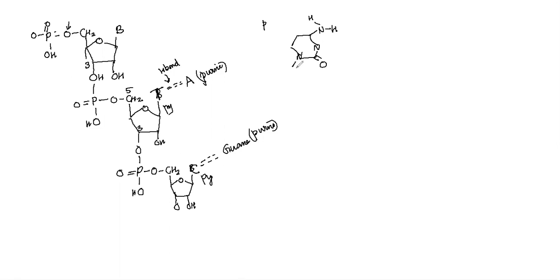Sorry, not a methyl group. This is bonded with the chain, with the ribose sugar. Here is a ribose sugar. Now here, these are the double bonds. So this is cytosine.